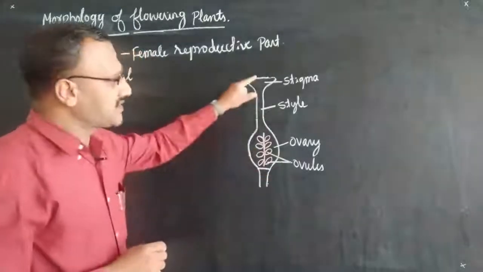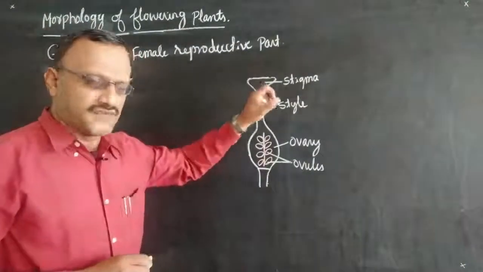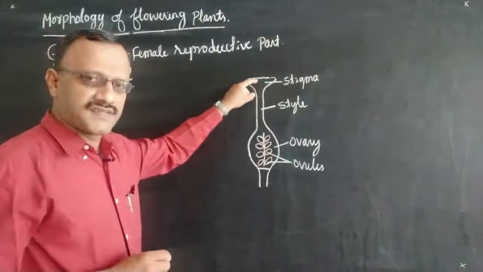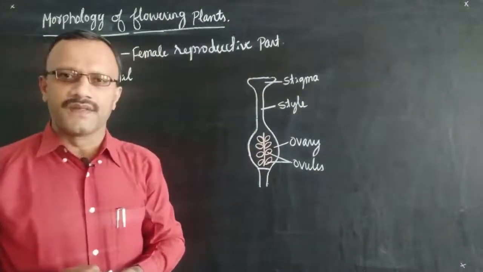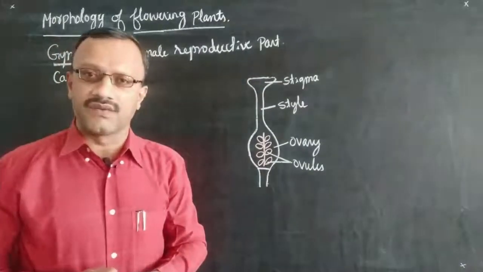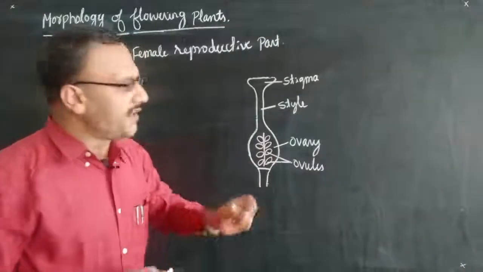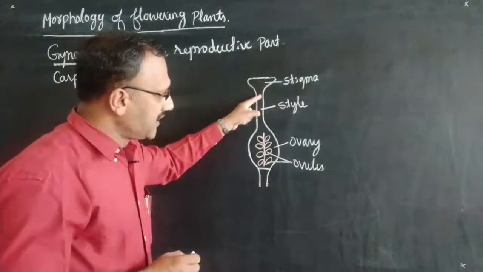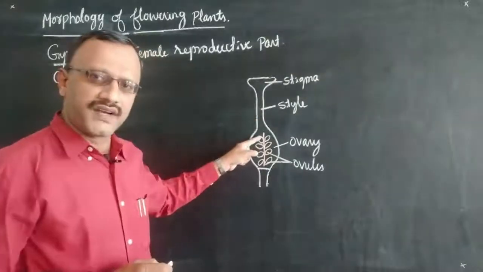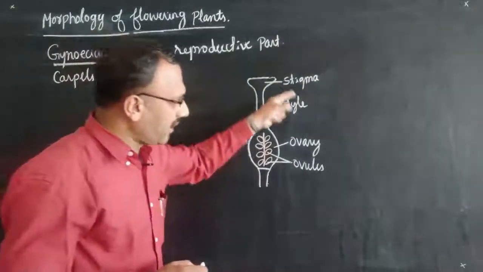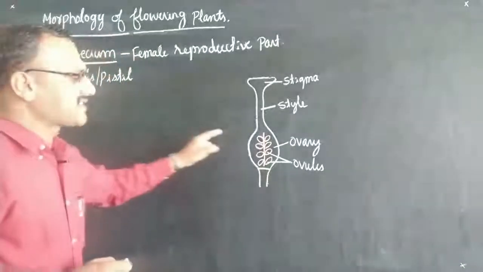Pollens will reach the stigma, and pollens will sit on the stigmatic surface, draw the nutrients and moisture content present on the stigma, and each pollen grain will germinate, and the pollen tube will pass through the style and reach the ovule, which effects fertilization. So this is what we call the single pistil.